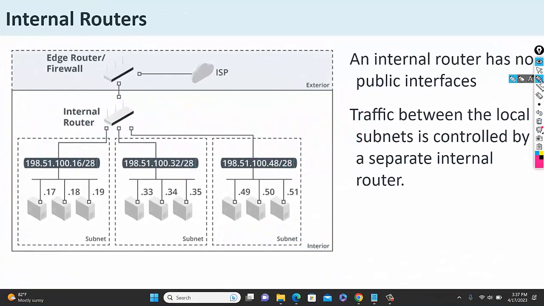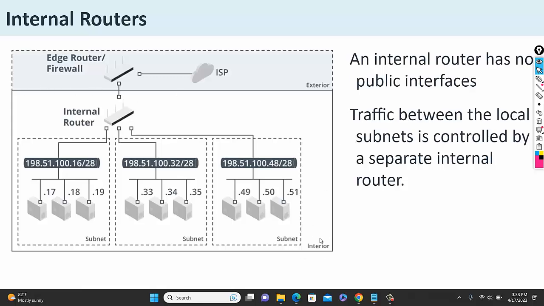So an internal router is required to make communication inside a single organization, or you can say multiple subnets can communicate with each other with the help of the internal router.